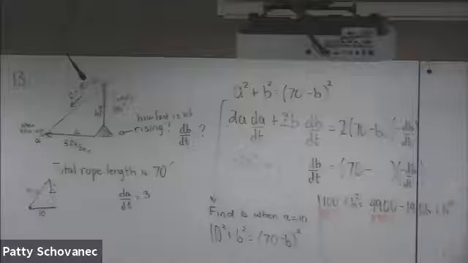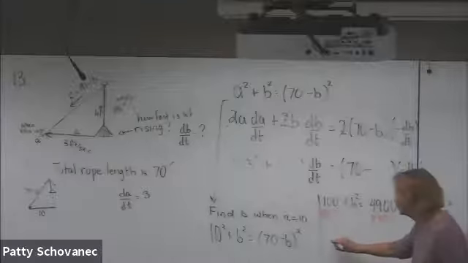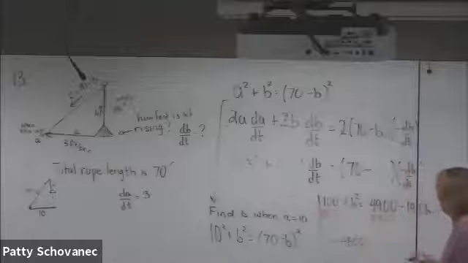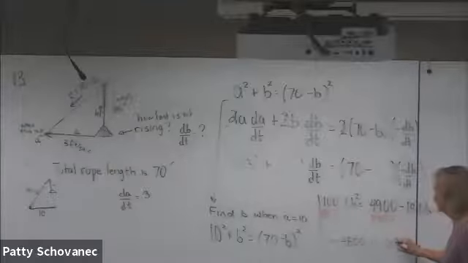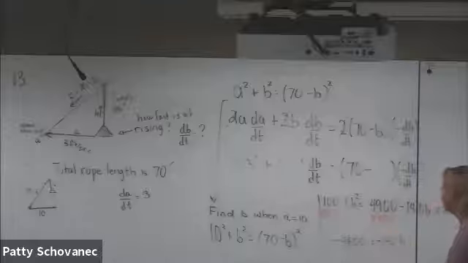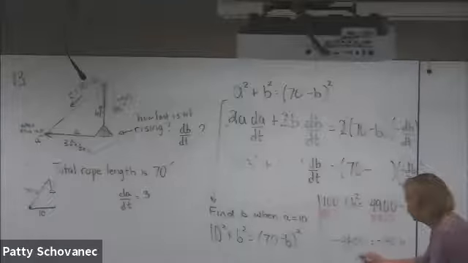So my left side becomes a negative 4,800. And my right side just has a negative 140B. So we can cancel the negatives, knock out one of the zeros. And so I have 480 divided by 14 is equal to B.